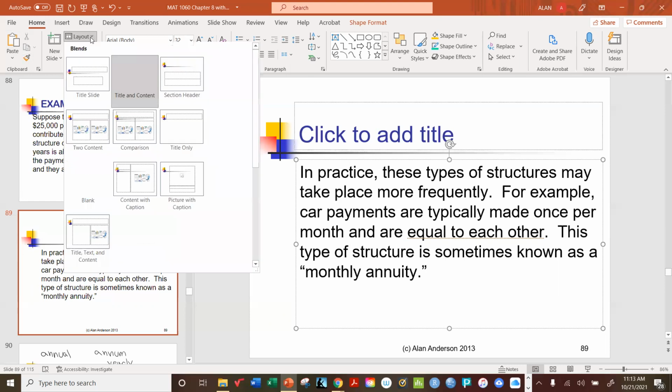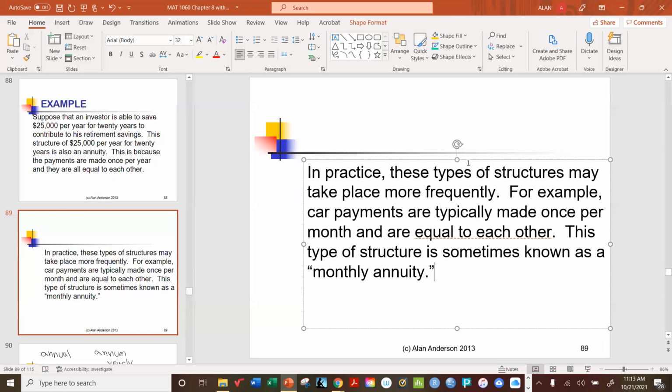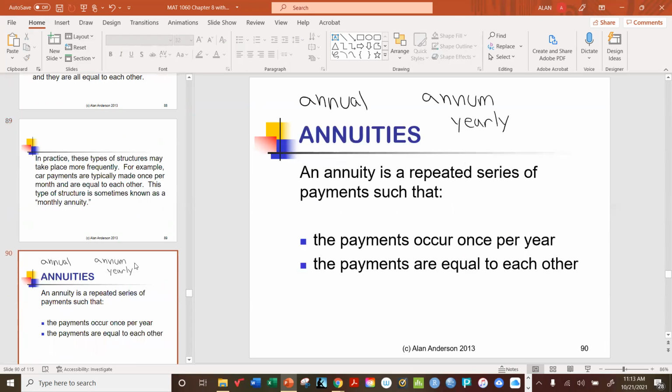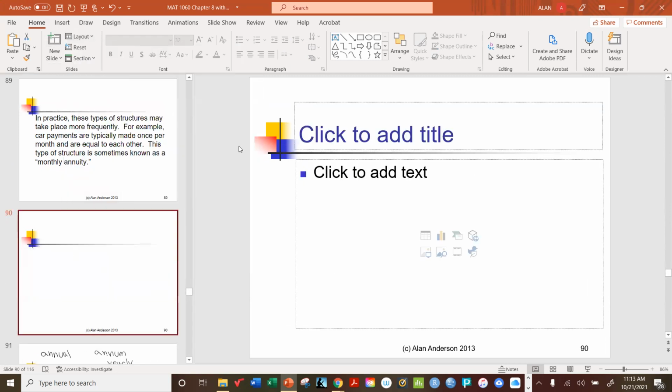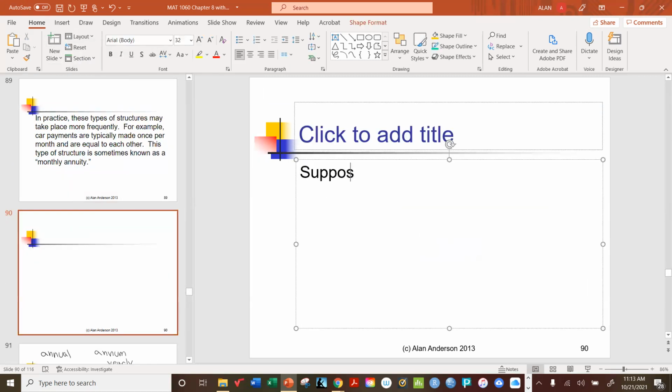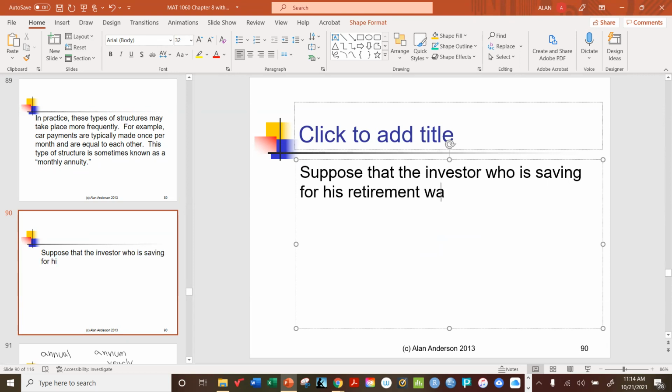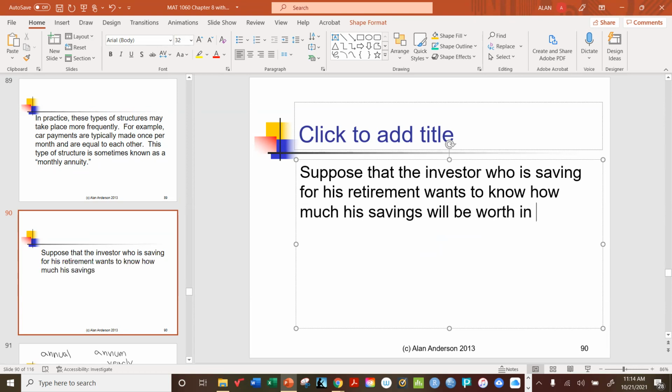So when this happens, let's go back here. Suppose that the investor who is saving for his retirement wants to know how much his savings will be worth in 20 years.